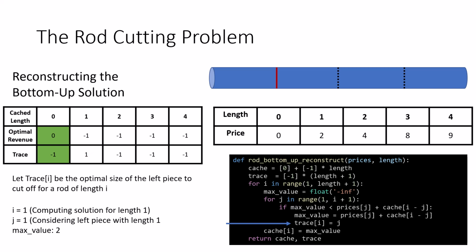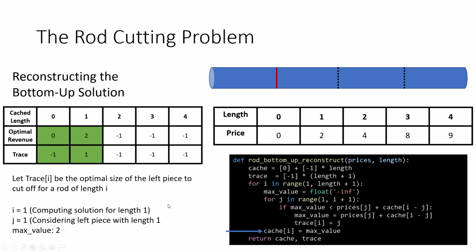So that means that if we were to consider the optimal solution for a rod of length 1, we need to make sure that our left piece has a length of 1. Okay, so that's really just going to correspond to not cutting the rod at all, because we're saying that one part of the rod needs to be length 1, and if the whole thing has length 1, well, we're not going to cut it at all.